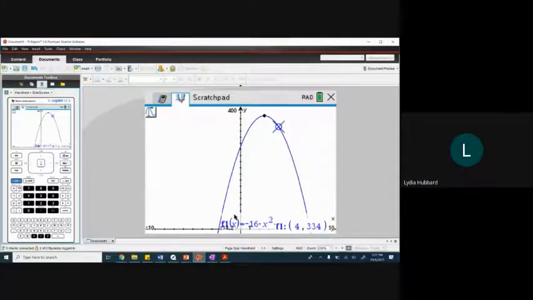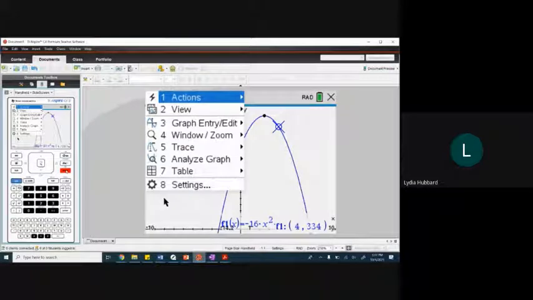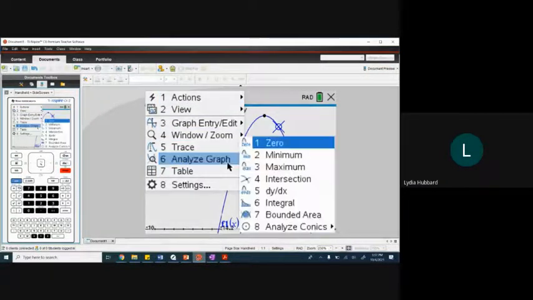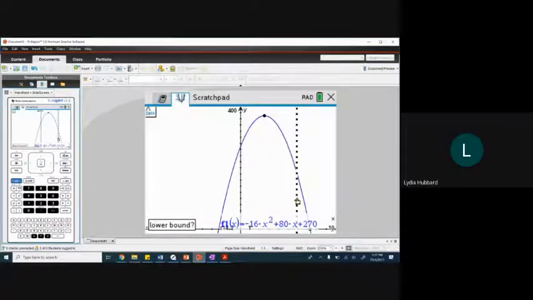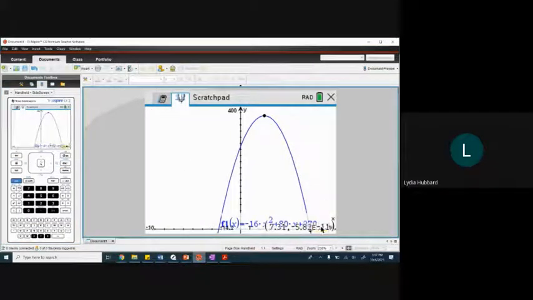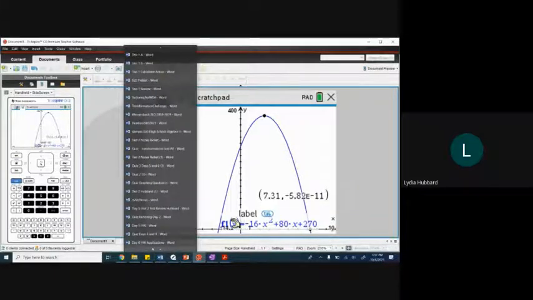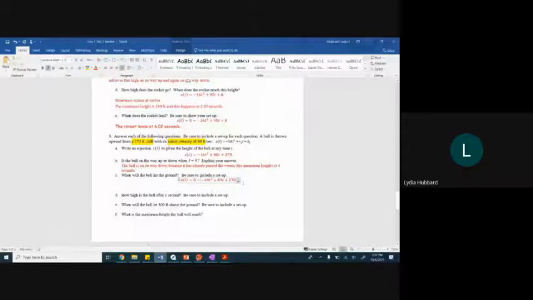I don't need to find this negative zero because I can't have such a thing as negative time. So I'm just looking for that positive zero. I'm going to hit menu, analyze graph, zero. I'll go to the left side, I'll go to the right side, and it'll give me this zero right here. Again, that y value is close enough to 0 that it's okay. And it gave us 7.31. So we can go back to our problem, and we would say the ball will hit the ground at 7.31 seconds.